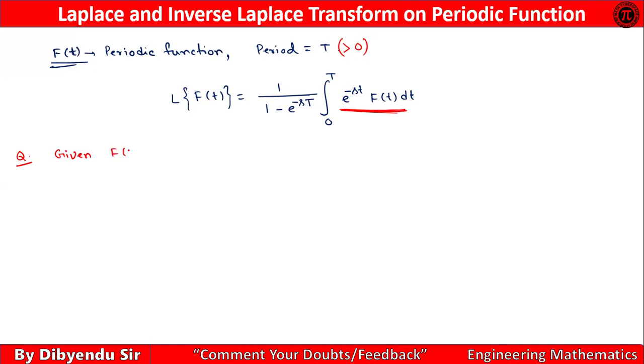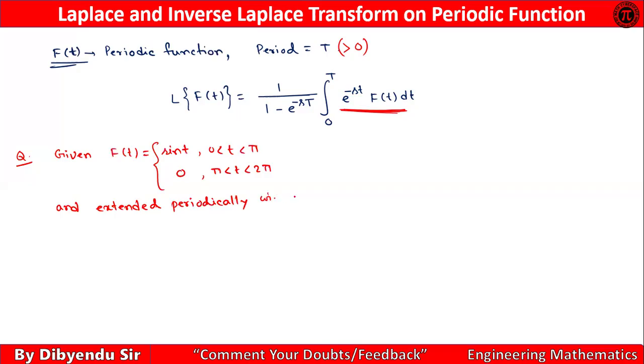Given f of t equals sine t for 0 less than t less than pi, and 0 for pi less than t less than 2 pi, and extended periodically with period 2 pi. Find Laplace of f of t.